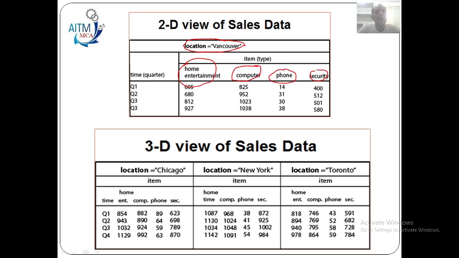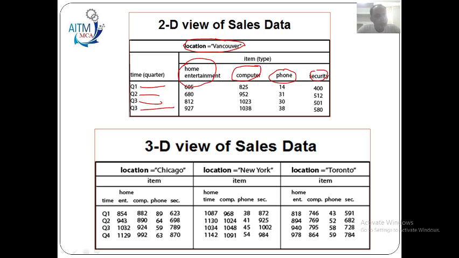These are the item types, the column headings. Got it? As rows, first quarter, second quarter, third quarter, and fourth quarter. The time period you can take however you want, yearly or quarterly or monthly, whatever. In this example, they have taken it as quarterly.